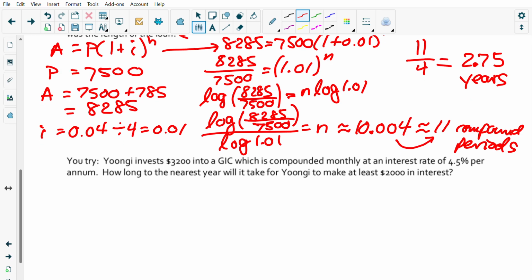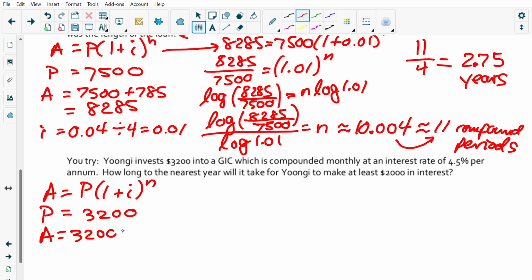Okay, you can invest $3,200 into a GIC, which is compounded monthly at an interest rate of 4.5% per annum, remember, per year. How long, to the nearest year, will it take for Yoongi to make at least $2,000 in interest? Okay, pause it here, give it a try. Okay, what do we have? What do we need? I have my principal amount, 3,200. My final investment is principal plus interest.